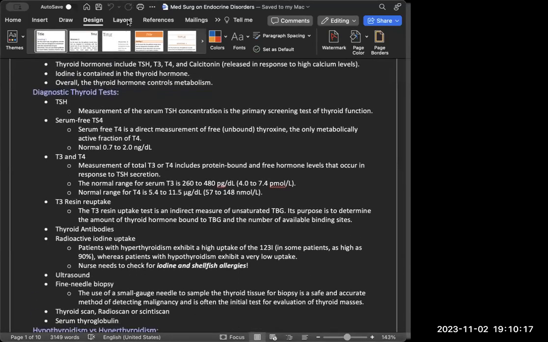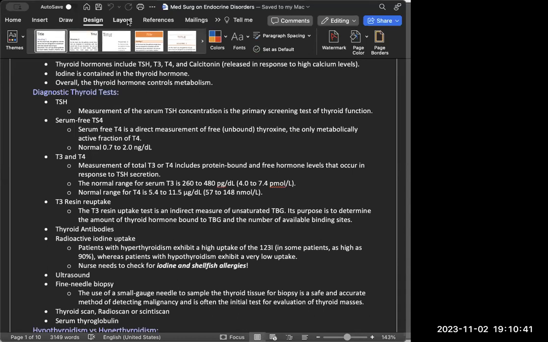But I wanted to mention iodine because the thyroid does have a connection to iodine. So if you have an iodine or shellfish allergy, you need to be really careful, okay? Because with patients with thyroid dysfunction, having an iodine allergy can be really bad for them because they might not be able to go through certain tests.